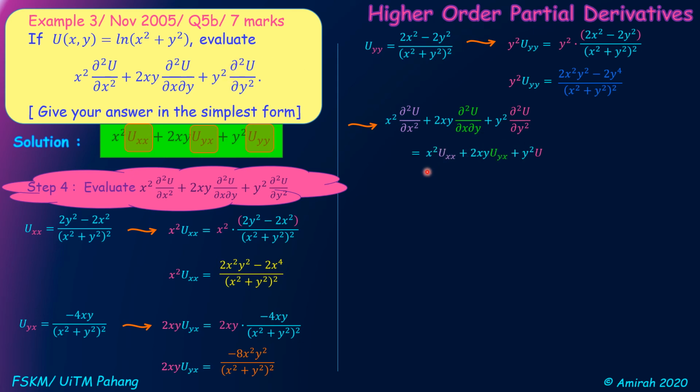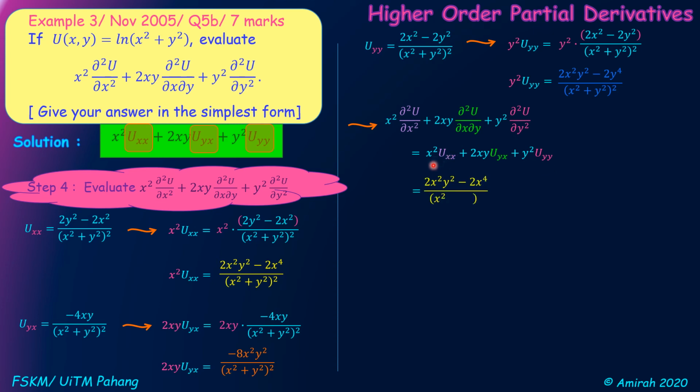At the same time, ∂²u/∂x² equals uxx, ∂²u/∂x∂y equals uyx, and ∂²u/∂y² equals uyy.